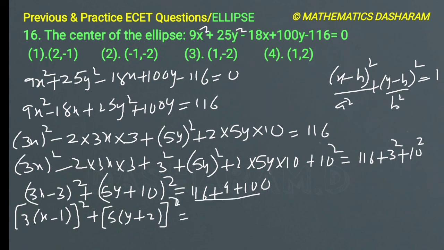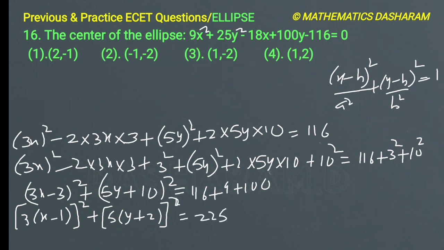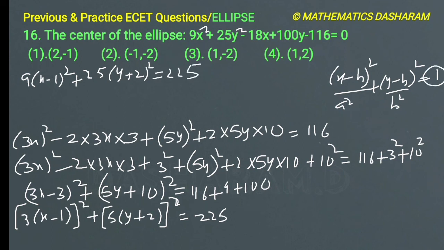Now its total answer is 225. Now it equals 9 into x minus 1 whole square plus 25 into y plus 2 whole square equals 225. So now the required RHS is 1, so that is why 225 is transposed to the left side.